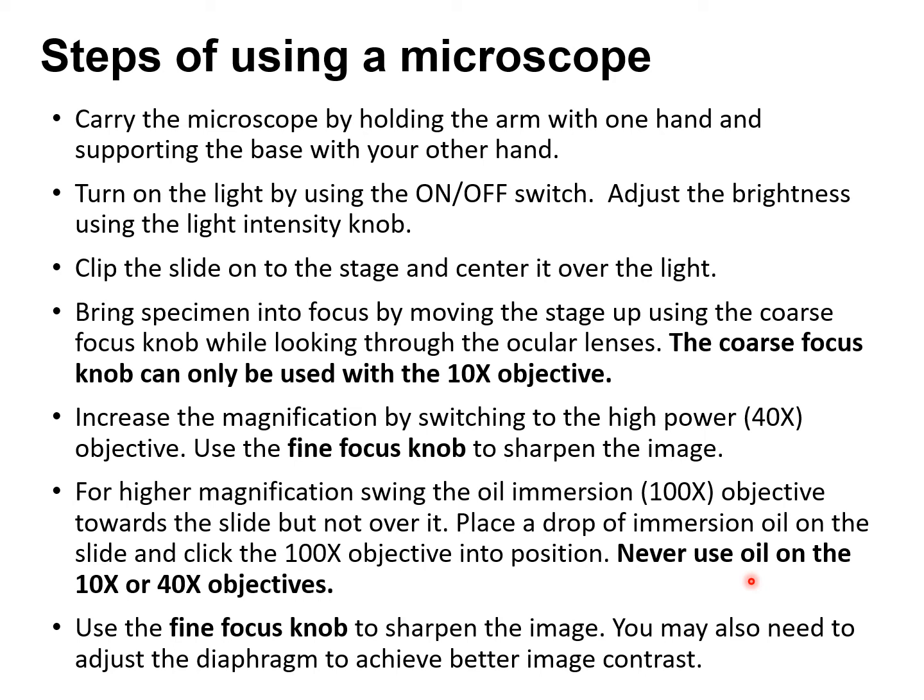So to prevent that, you must put a drop of oil when you're using your oil immersion lens. When you are using the oil immersion lens, you can fine focus. Never use the coarse knob though. But you can go ahead and use the fine focus knob so that you can sharpen your image.